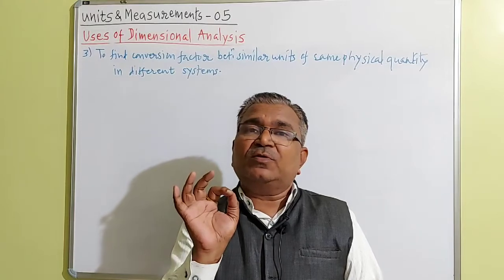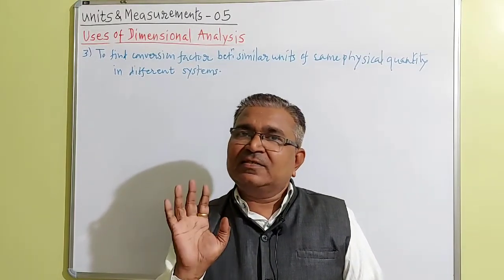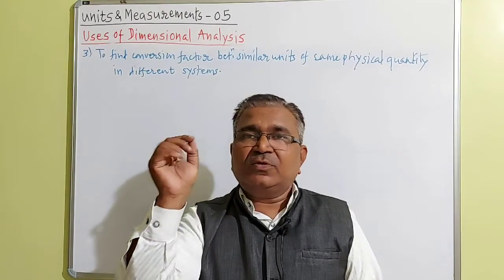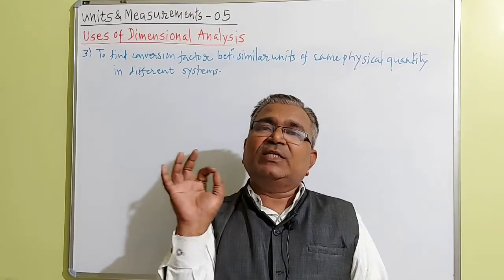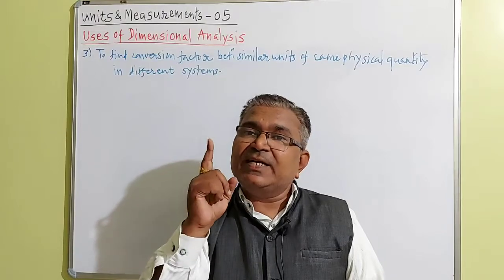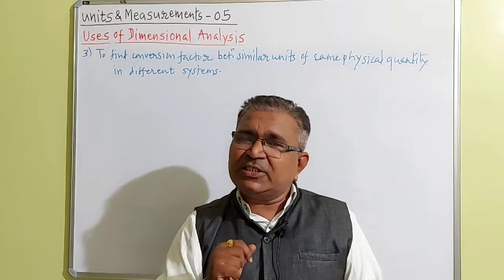CGS unit of work or energy is erg. So in the SI system the unit is joule, and in the CGS system the unit is erg. So joule and erg are similar units, and the same physical quantity is work or energy.